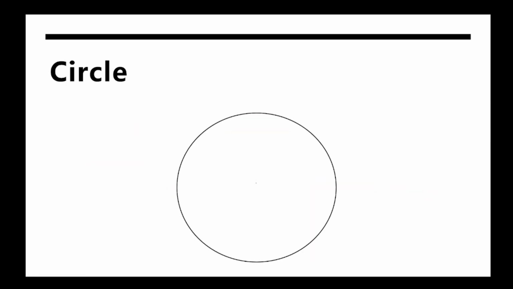This is a circle, and this is its center. This is its radius. The radius is the distance from a point on its circumference to the center, which is equal no matter where. Radius, it's all equal.